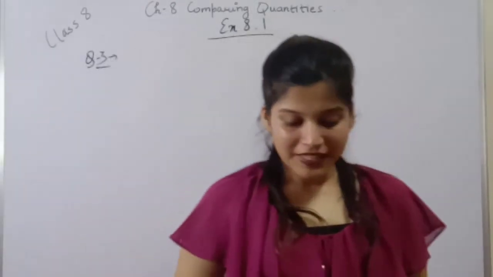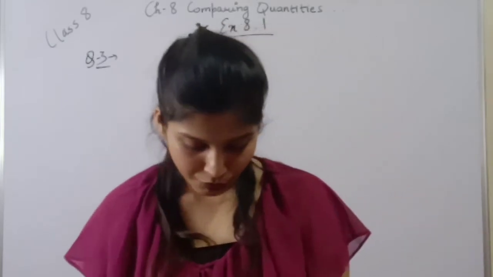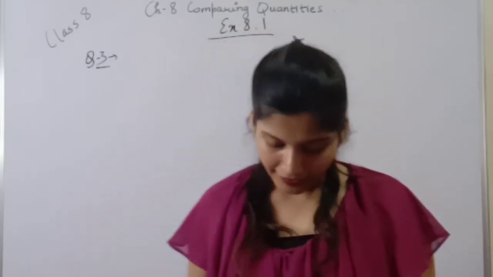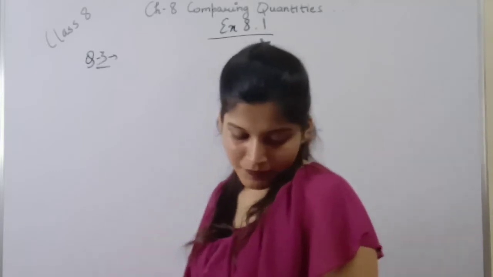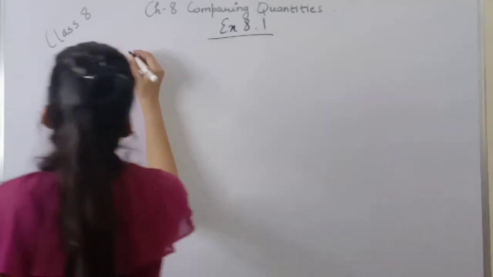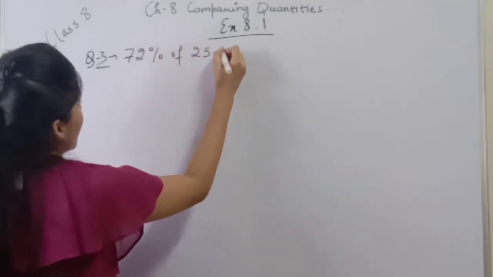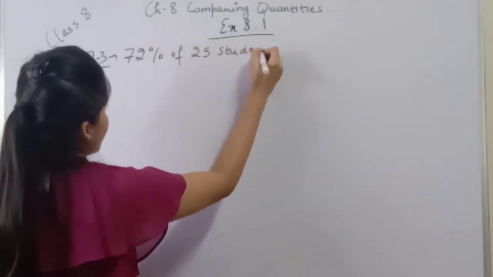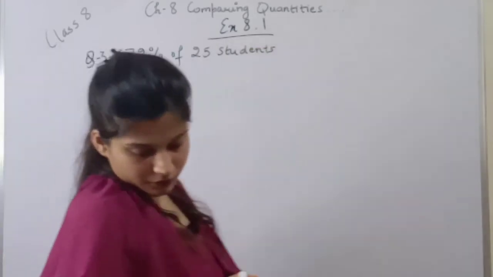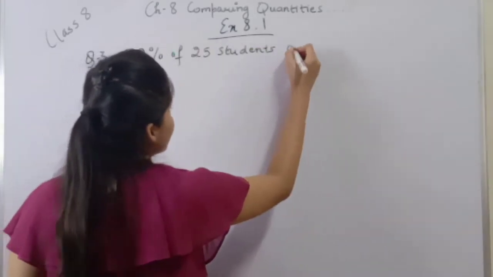Now we will be starting with question number 3 of this same exercise. Question number 3 says 72% of 25 students are good in mathematics.